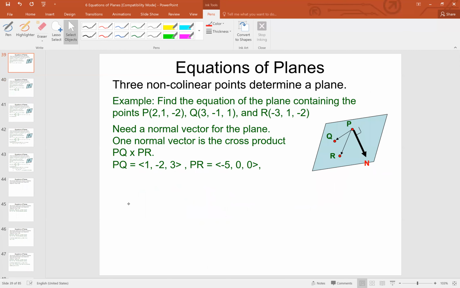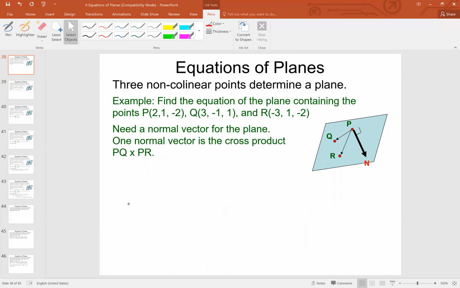That's the line up. But if I have 3 points that are not collinear, that don't line up, then they will define a plane in space. Those 3 points form a little triangle, then they generate a plane.